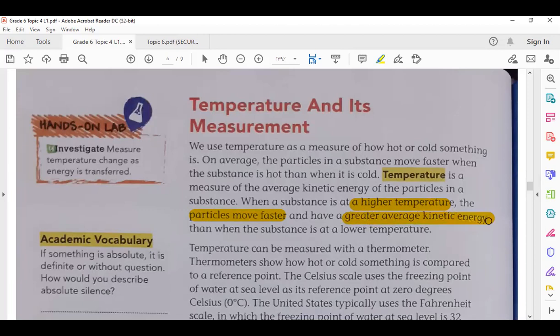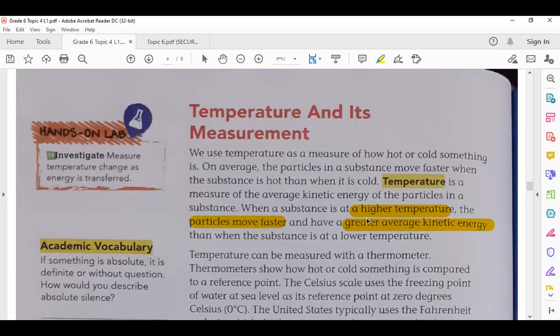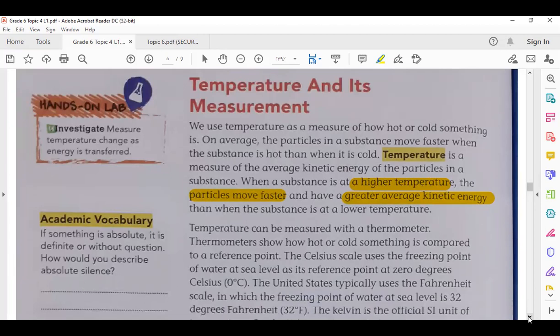So when any object is at higher temperature, its particles are moving faster, so they have a greater average kinetic energy than when the substance is at lower temperature. Or simply, objects or substances at higher temperature have particles with greater average kinetic energy.